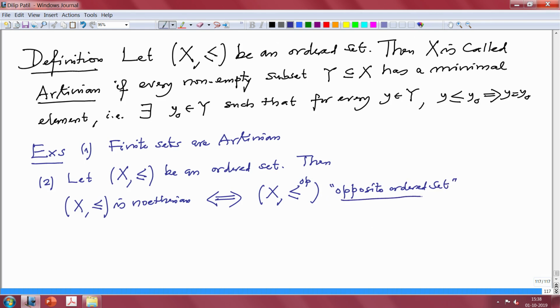So, what is that? The order is defined as x less equal to x prime in the opposite order if and only if x prime is less equal to x. This is the definition of opposite order; you just reverse it. So, this opposite ordered set is Artinian.